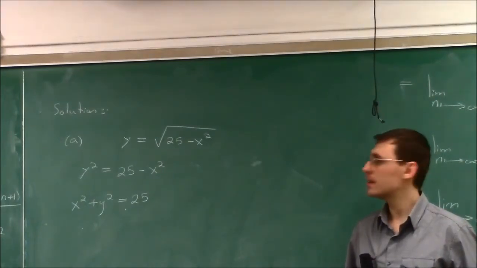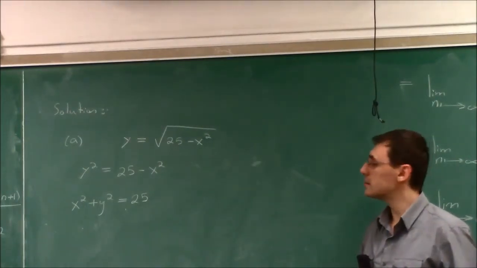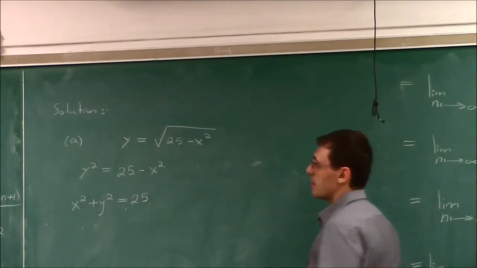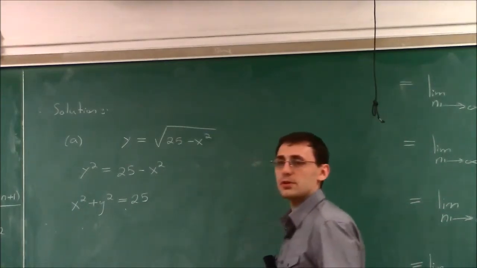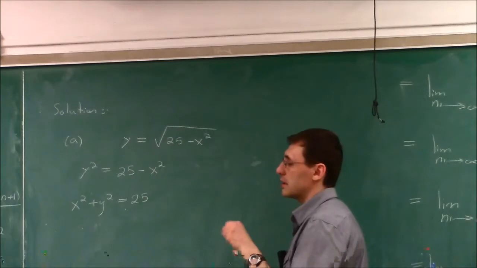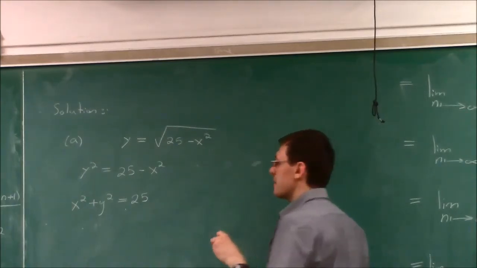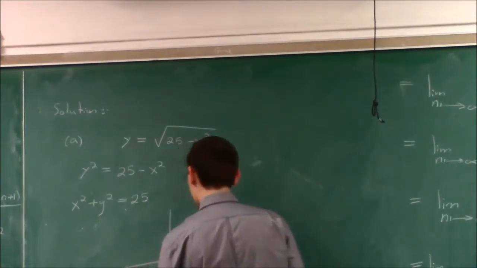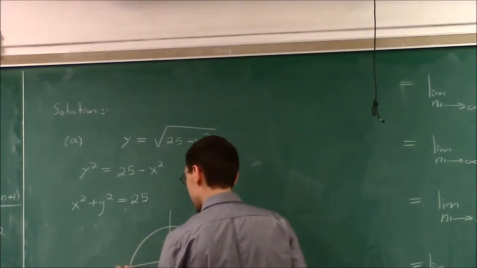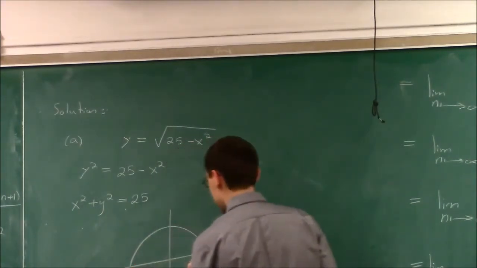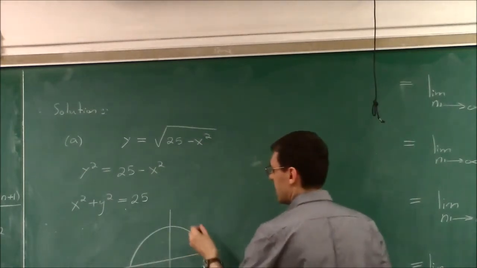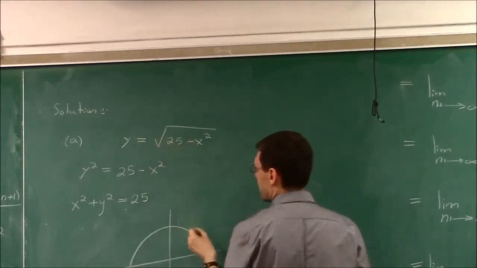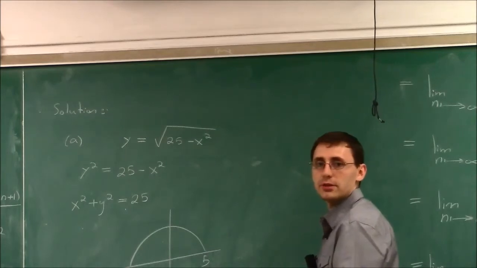No, that's not a right triangle. Circle. x squared plus y squared equal to 25 is the locus of points of a circle centered at the origin with radius 5. So notice what we are integrating. This is minus 5. This is 5. And root of 25 minus x squared is just the upper part of the circle.